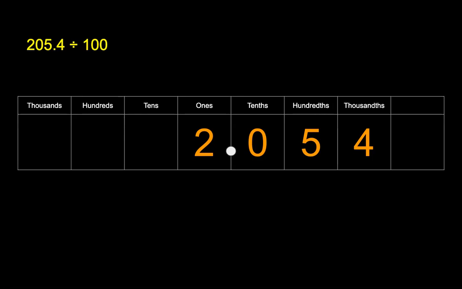So if it looks to you like the decimal point is moving, but you understand that it's not really, that's great. This tutorial is about getting you to really understand how to do this. It's not about tricks and quick methods. Once you've really understood this, once you've really got a good grip on it, then you can start doing stuff like that. But at the moment, just follow what I'm doing. 2.054.